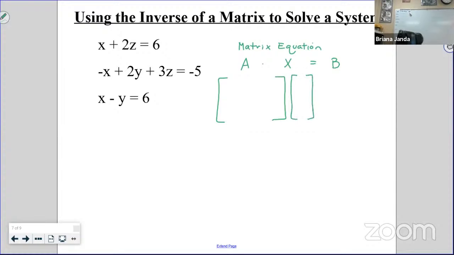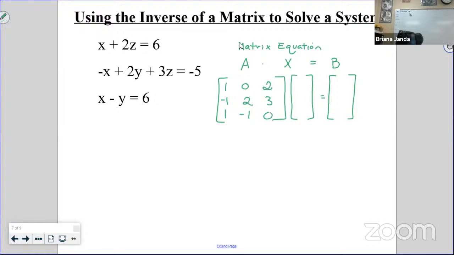X is going to be the matrix of our variables, and B is going to be the matrix of our constants. Okay. So filling in A, we've got a 1x, a 0y, and a 2z. For our second equation, we've got a negative 1x, a 2y, and a 3z. And your last equation is a 1x, a -1y, and a 0z.